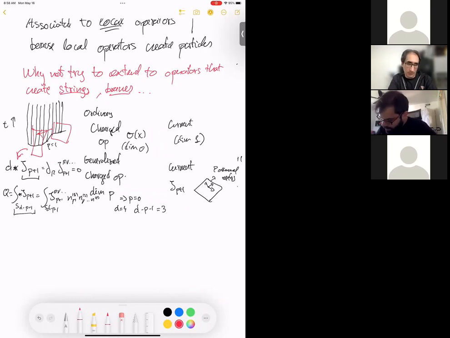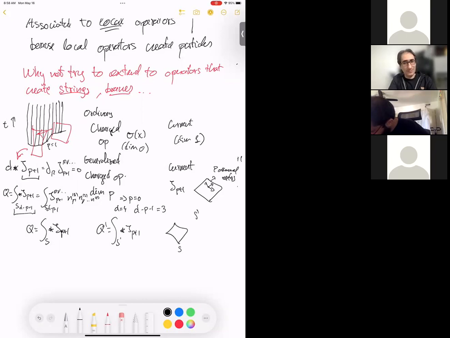Okay. How to see that? Well, if you have the operator Q on some surface S, and you have some operator Q prime on some other surface S prime. So here are two surfaces, S and S prime.